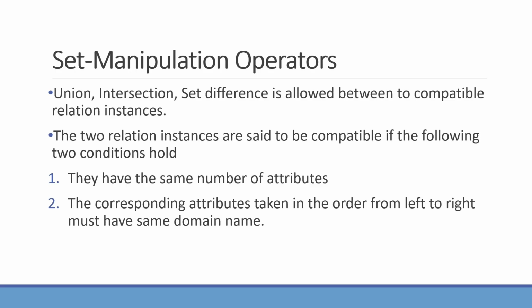That means if a record from table 1 has int as its domain, the next table should also have the same domain, int, so that set manipulation operators can be used.